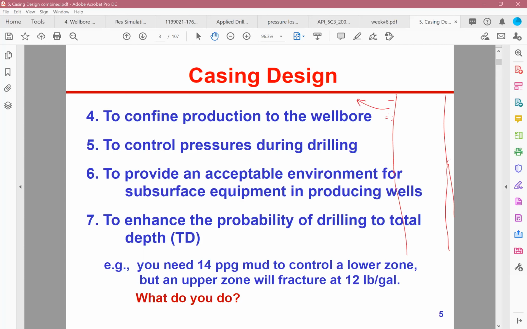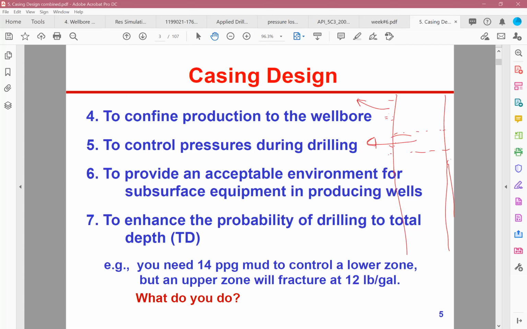But if that 14 or 15 pound per gallon mud reaches some shallow formation that has very low fracturing resistance, then that high density fluid might fracture your formation, right? And you will lose all the drilling fluid into those formations.